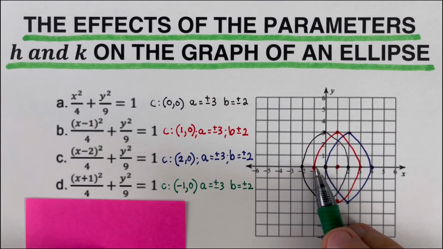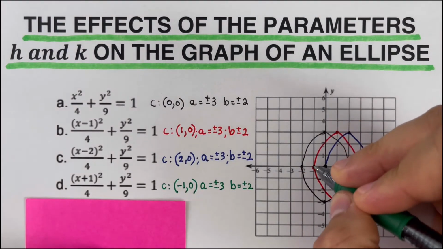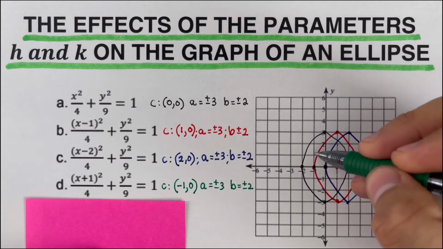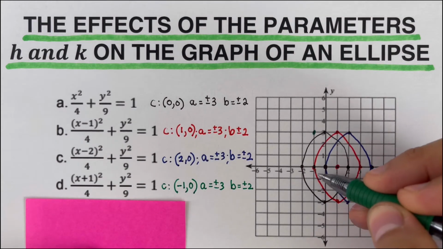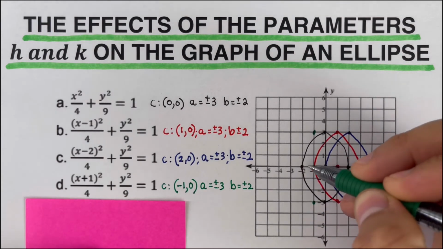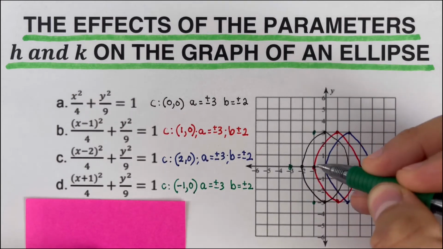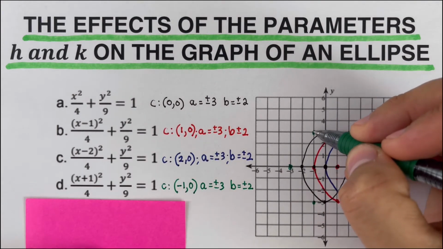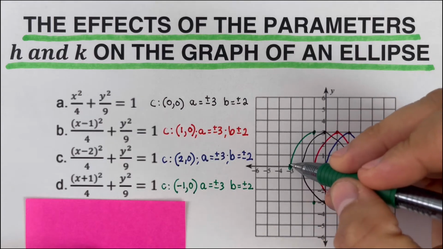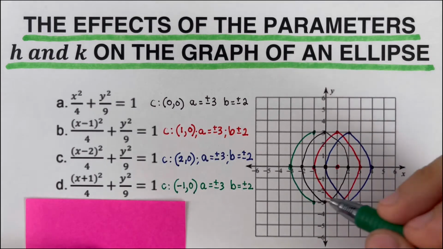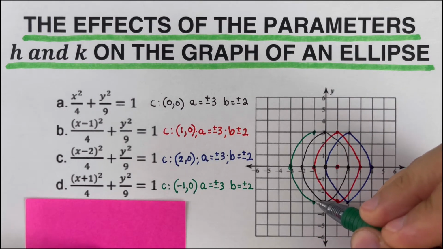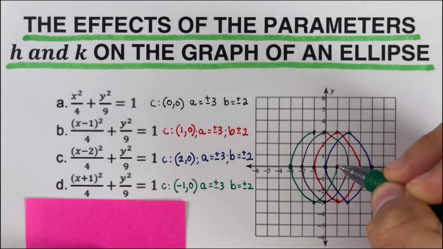So the center is at -1, 0 right here. And so we go up 3, 1, 2, 3, and then down 3, 1, 2, 3, and then 2 to the left and right. So 1, 2 to the left and right. So this is where the fourth graph would sit. So I'm just going to go ahead and draw that fourth graph right here.